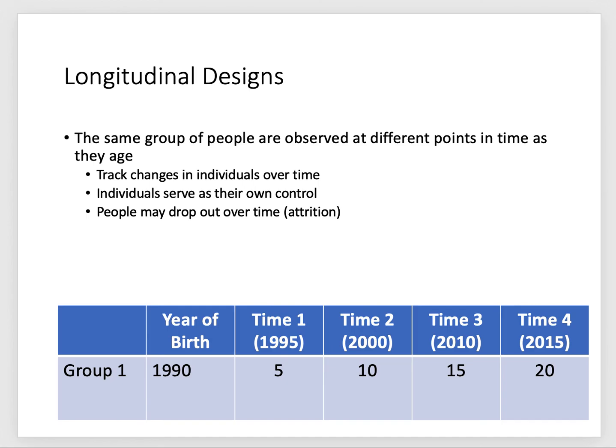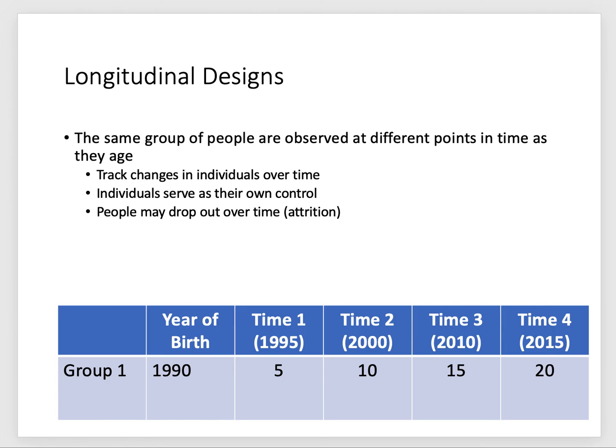When you know what somebody was like 5 years ago and you can control for that, you're much less likely to have bias in your interpretation going forward, as you try to understand the course of development for individuals. It's much better to compare people to themselves than to other people.